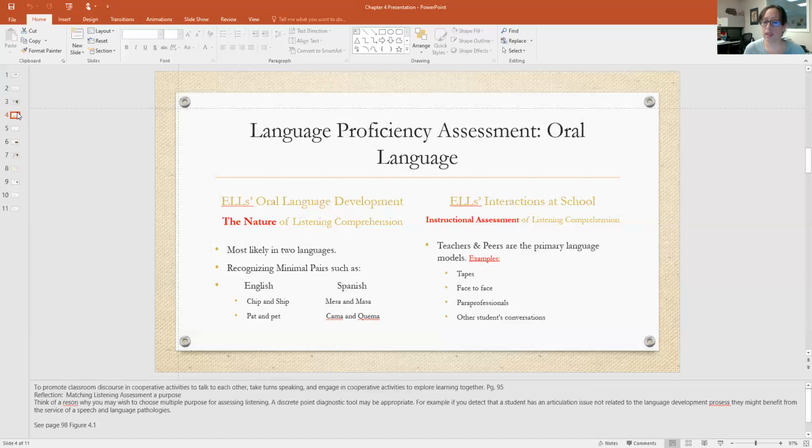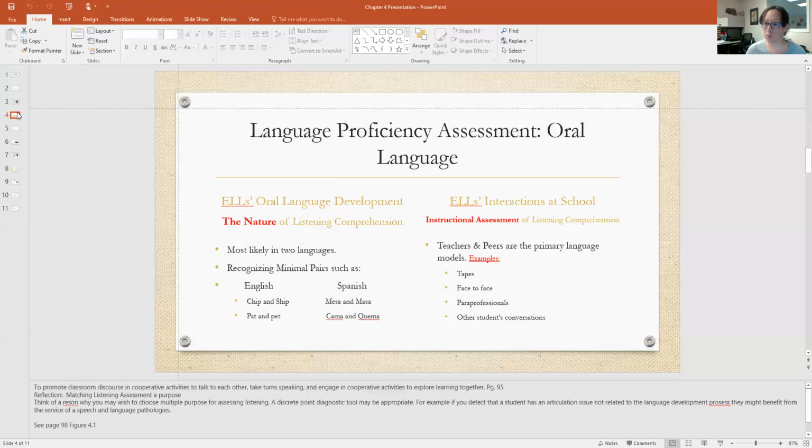As an ELL student, when you are having interactions in school, and we are working on instructional assessments of listening comprehension, teachers and peers are the primary language model. For example, we should use recordings like this, also known as a tape, or face to face interactions.